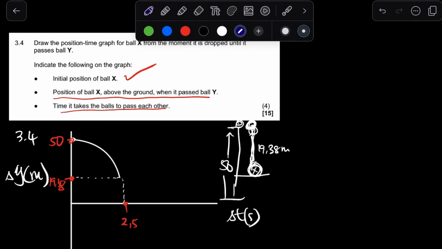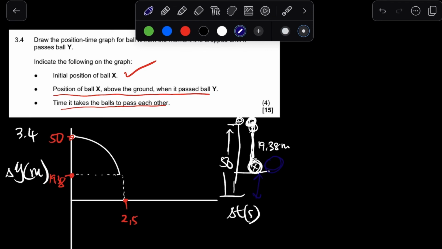Let's do more and see how we're going to plot the graph for ball Y. Ball Y starts from the ground, from the ground to the meeting point where they pass each other. So it starts from zero ground, and then it increases upwards.